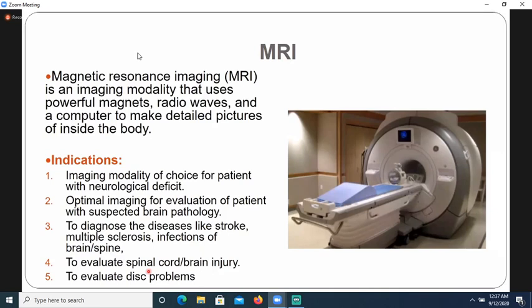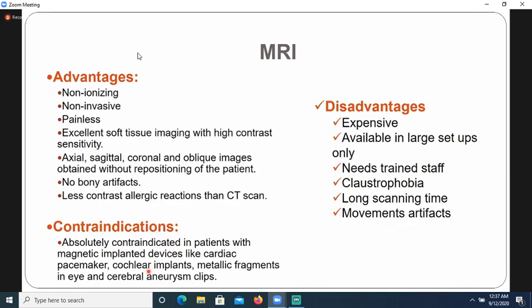But it uses a magnetic field, so the main contraindication is absolute in a patient with implanted metallic devices like a cardiac pacemaker, cochlear implant, metallic fragments in the eye, and a cerebral aneurysm clip. In these patients, the MRI is totally contraindicated.